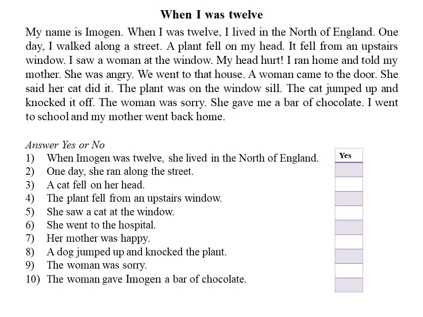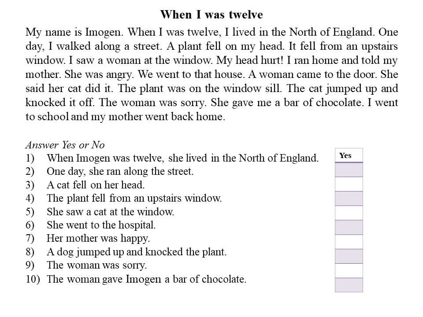When I was 12. My name is Imogen. When I was 12, I lived in the north of England. One day, I walked along a street. A plant fell on my head. It fell from an upstairs window. I saw a woman at the window. My head hurt.